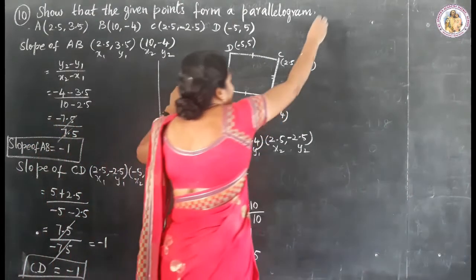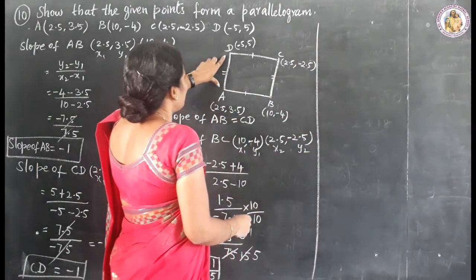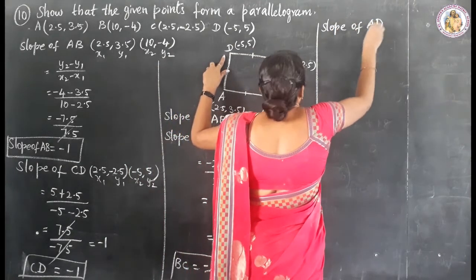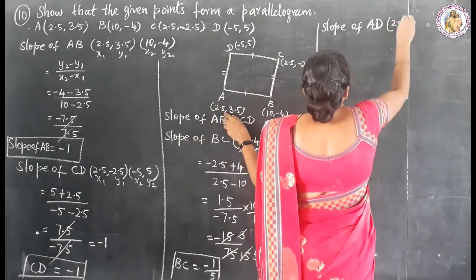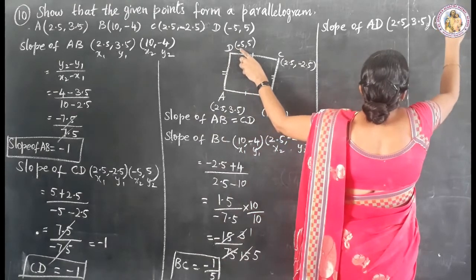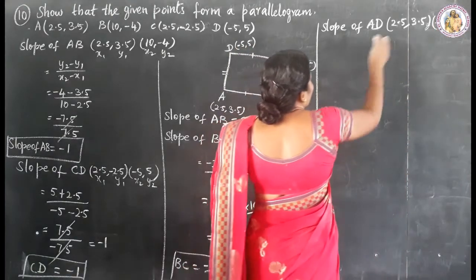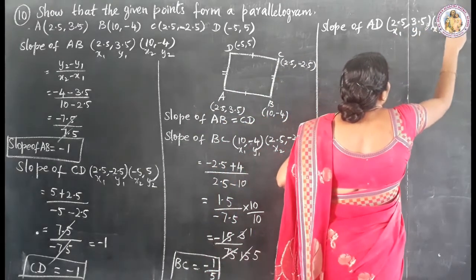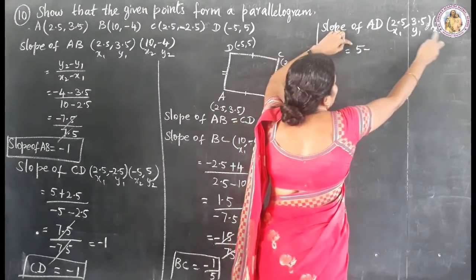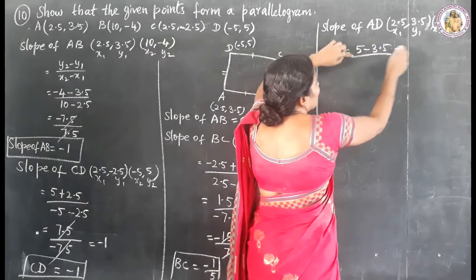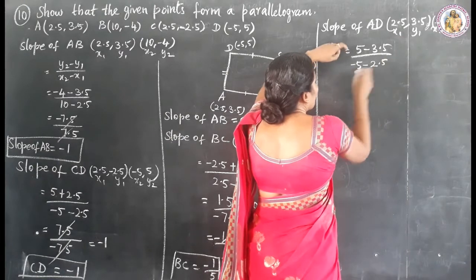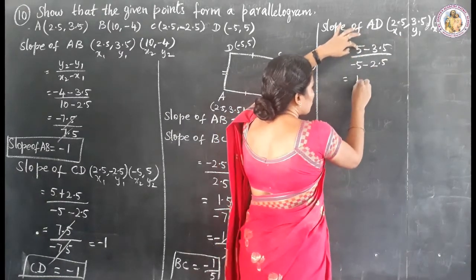Okay, then let us find slope of AD. A is (2.5, 3.5) and D is (-5, 5). With x1, y1, x2, y2, y2 is 5 minus 3.5, divided by x2 minus x1, that is -5 minus 2.5. 5 minus 3.5 is 1.5.